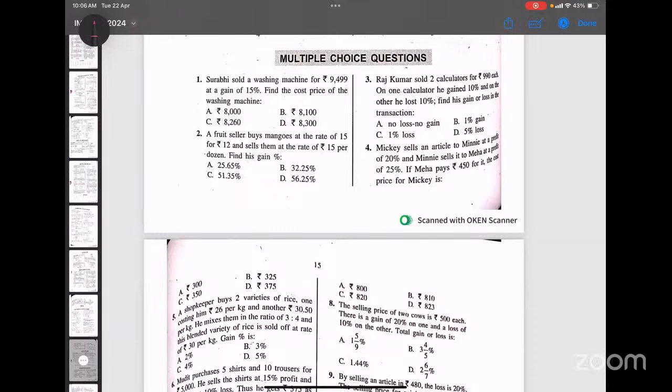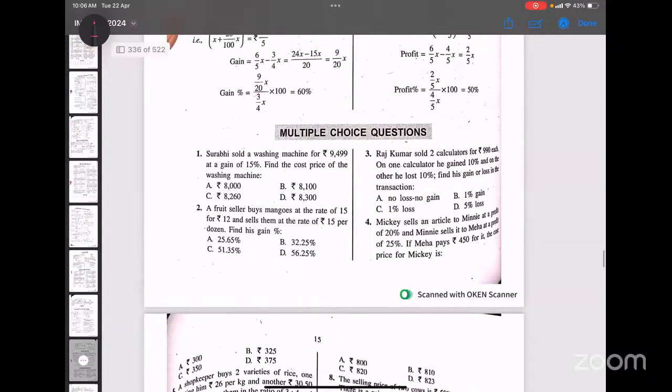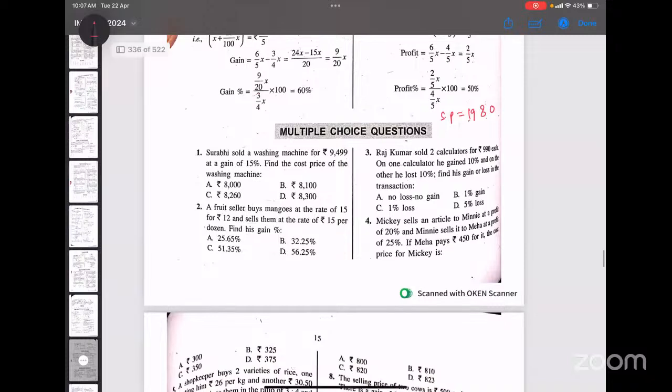So if there are 2 calculators and one costs 990, the selling price will be 2 into 990, which is 1980. On one calculator, he gained 10%, and on another, he lost 10%. Find his gain or loss in the transaction.